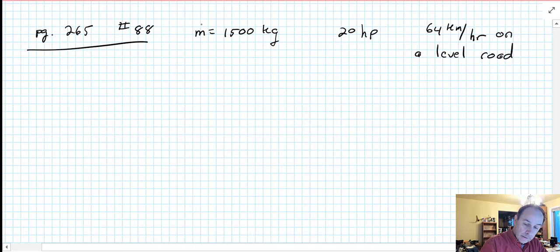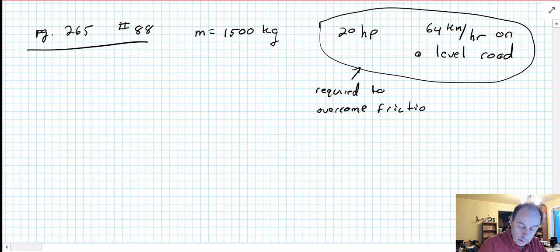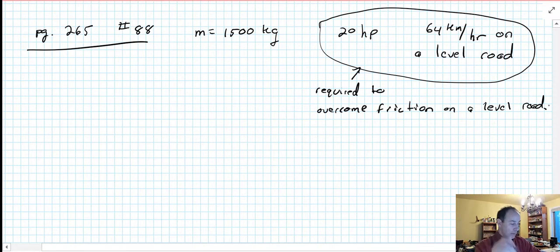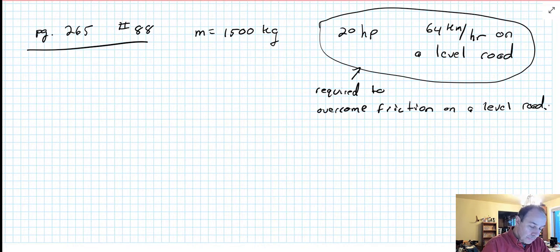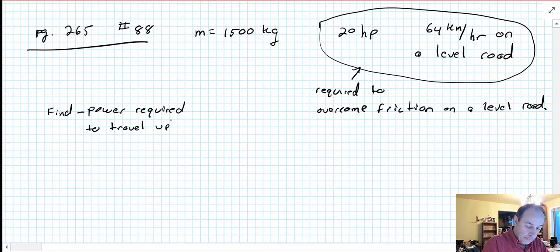Right? So this situation right here is required to overcome friction. No acceleration here, just overcoming friction on a level road. Okay, so find the power required to travel uphill at the same speed, 1 to 10 grade for the hill.